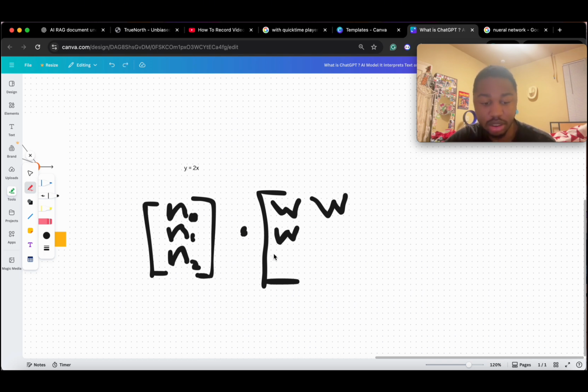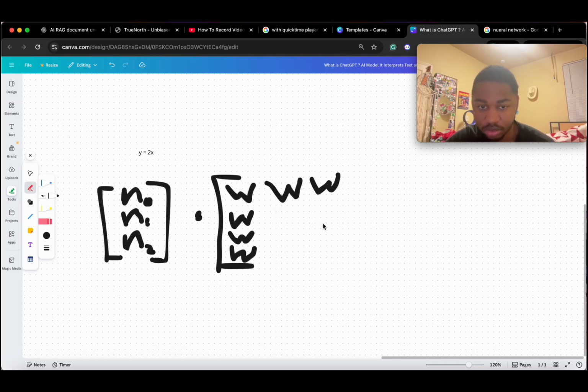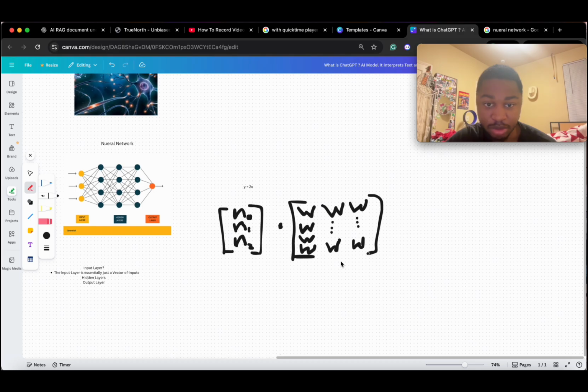But essentially, something like this. Boom, boom, boom, boom, boom, boom. Imagine these are subscripts as well. I just don't want to fixate too much on them.